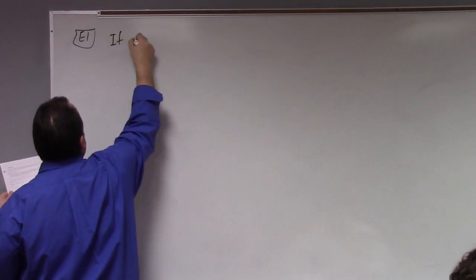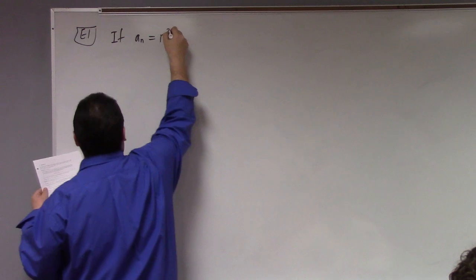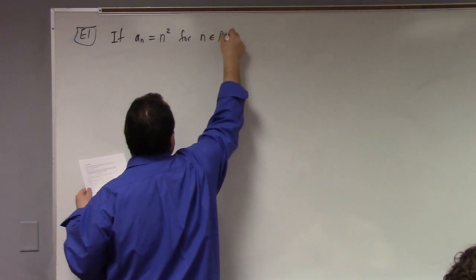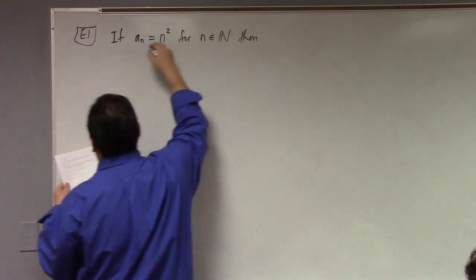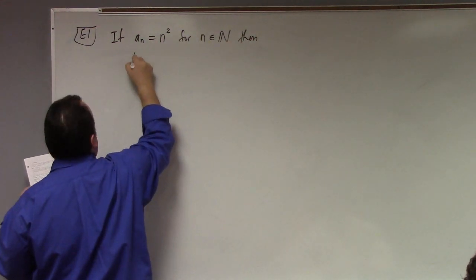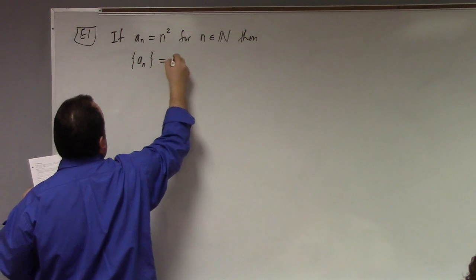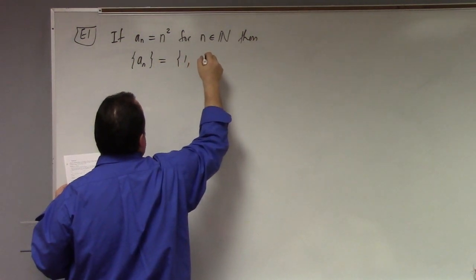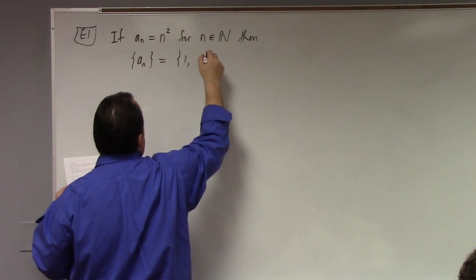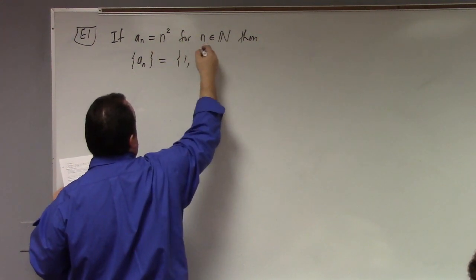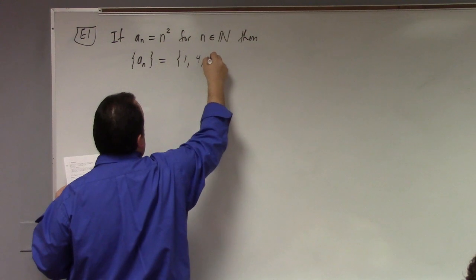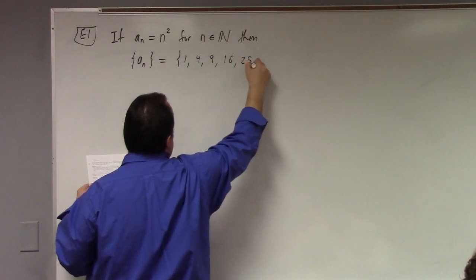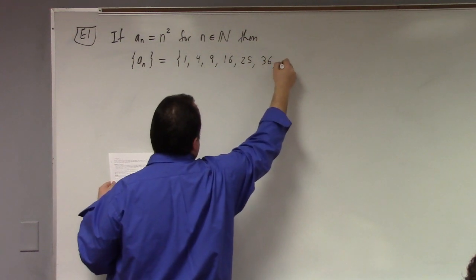If a sub n equals n squared, for n in the natural numbers, then you can write the sequence as a sub n equal to 1. What comes next? 1 squared is 1, right? 2 squared is 4, 9, 16, 25, 36. Well, you get the idea.